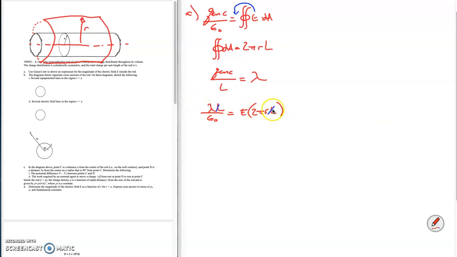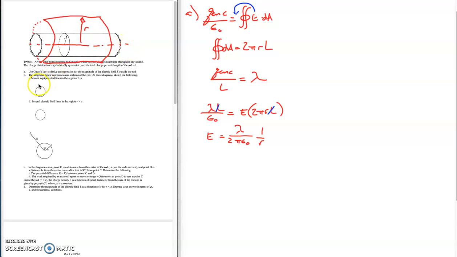And the electric field we can solve for by bringing 2 pi r over, so then we will have E equals lambda over 2 pi epsilon naught times 1 over r. And this should look exactly like what we talked about in the notes for a really long wire of charge. All right, part B.